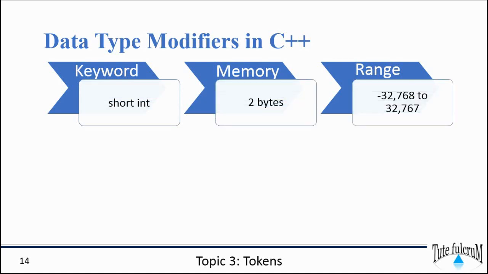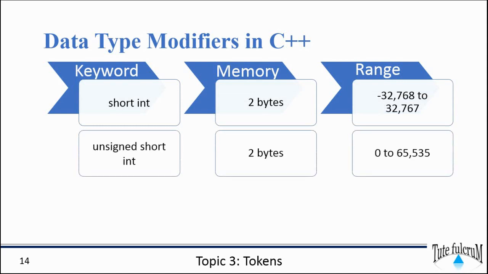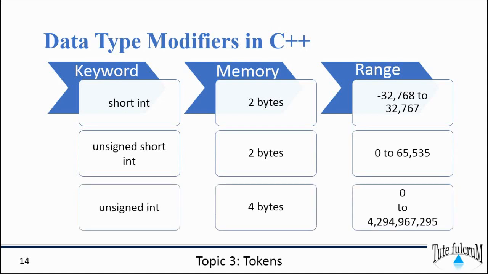So you have short int, which takes 2 bytes of memory and ranges with the following values. Unsigned short int, which takes 2 bytes. Unsigned int, which takes 4 bytes. When you simply say int, it is referring to signed int. Signed int is capable of holding positive and negative values.